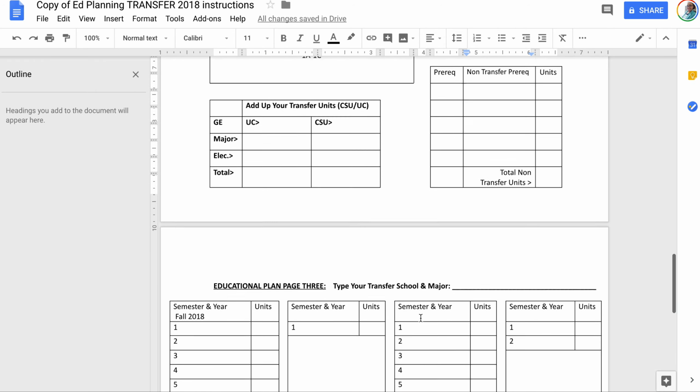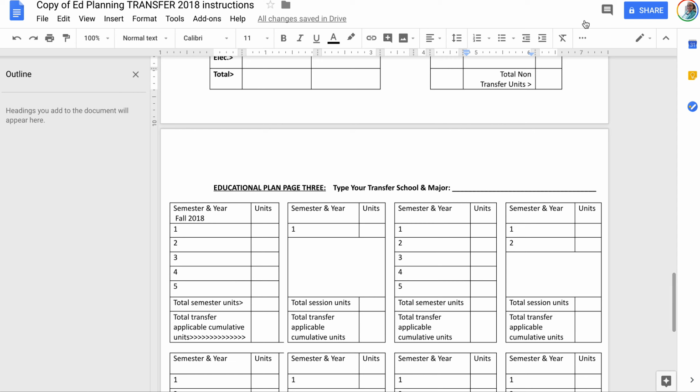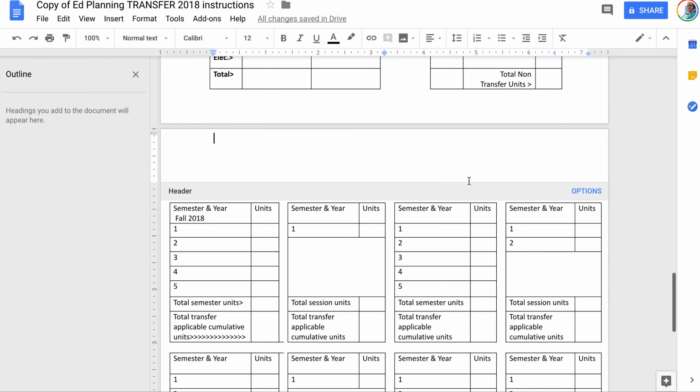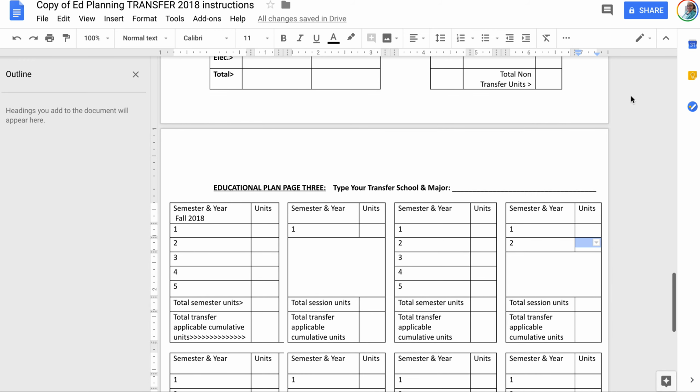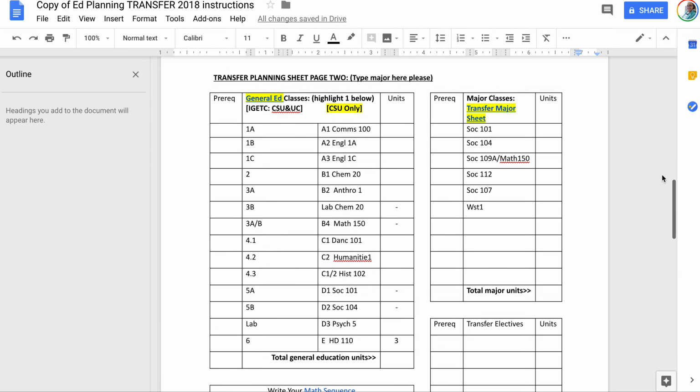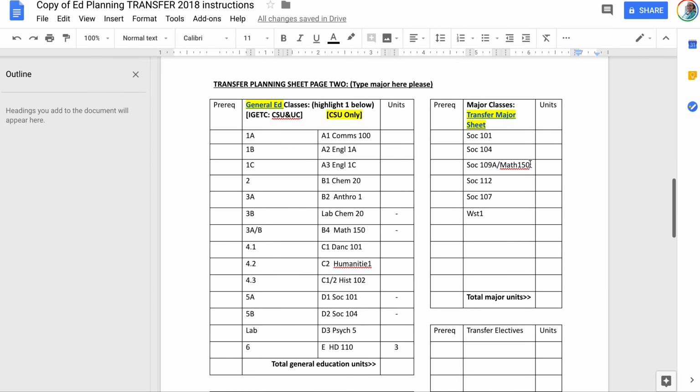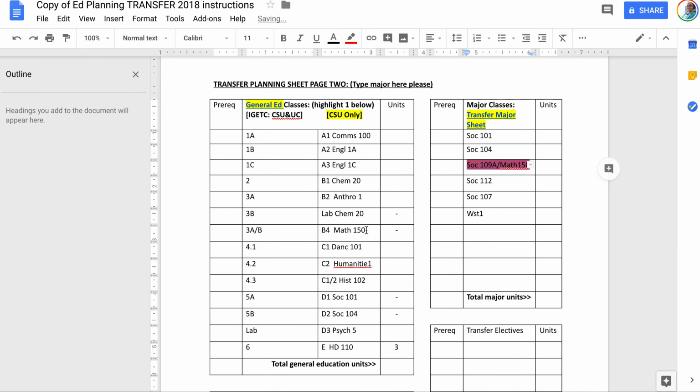Now, part 3 is really easy for you because you are basically done. You're going to fill out your fall 2018 semester units here in this first semester, type in your major, and that should be it. What you usually do is you cross off everything that you've already taken. For example, you've already taken math, so you cross that off, right?